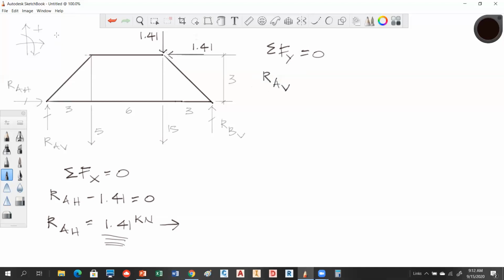So from my convention, it's positive, plus RBV, which again, I also indicated going up, so I'm calling him positive. And then we have -5, -15, and a -1.44.